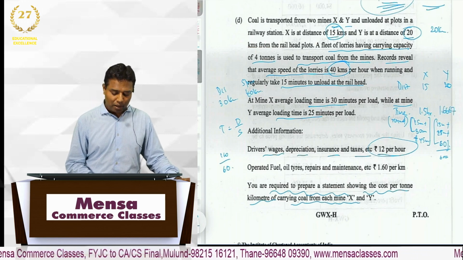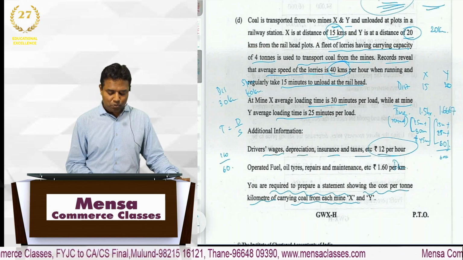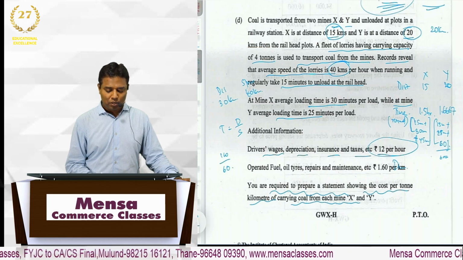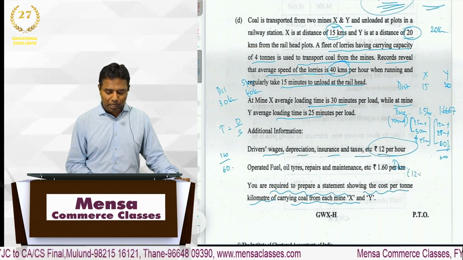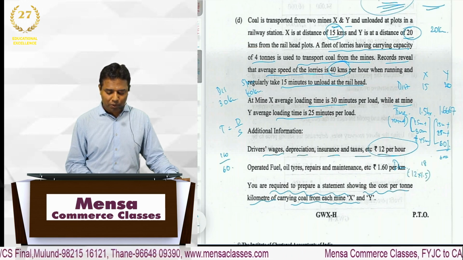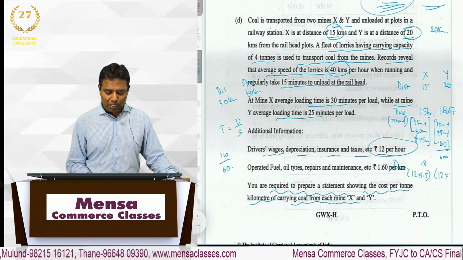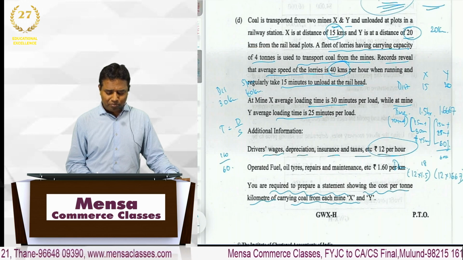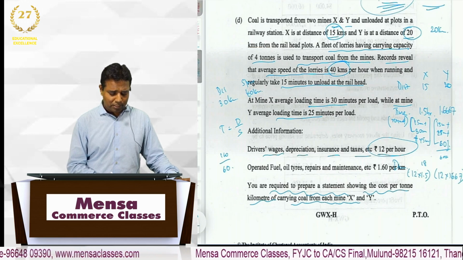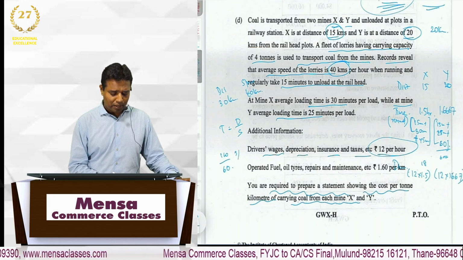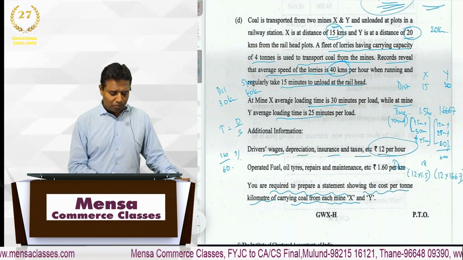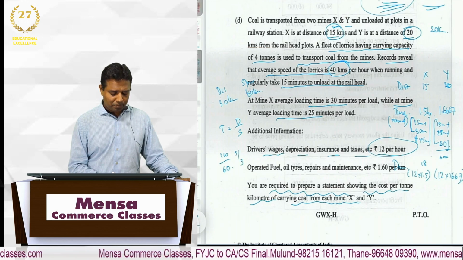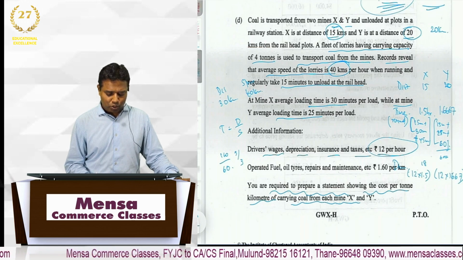Okay, now the driver wages will be 12 rupees per hour. So here it is 12 rupees per hour into 1.5 hours is 18 rupees, and 12 rupees per hour into 1.667, this will be 5 by 3, so that will be 20 rupees.